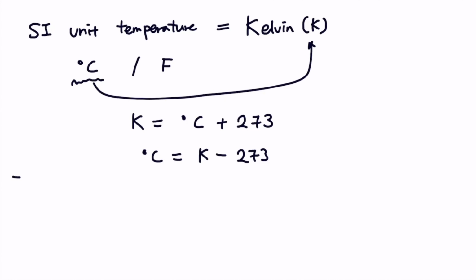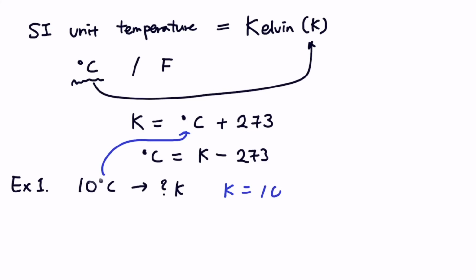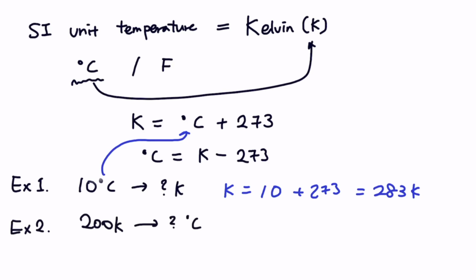Here's example number 1. If I have 10 degrees Celsius, that's going to be how many Kelvin? Let's do that. I can simply substitute this number here. So the Kelvin is equal to 10 plus 273, which is 283 Kelvin. Example number 2, if I have 200 Kelvin, then how many degrees Celsius will it be?